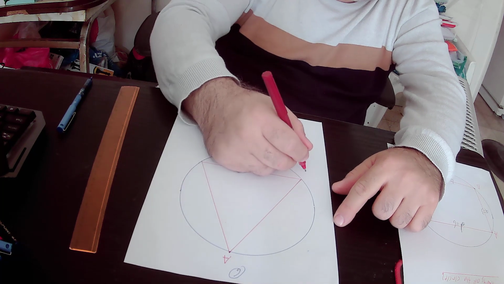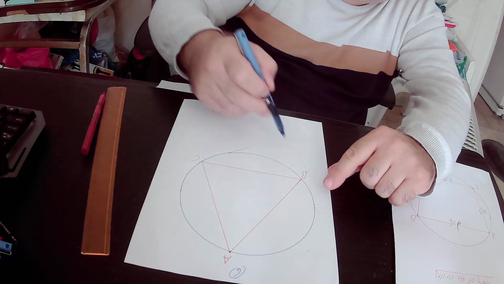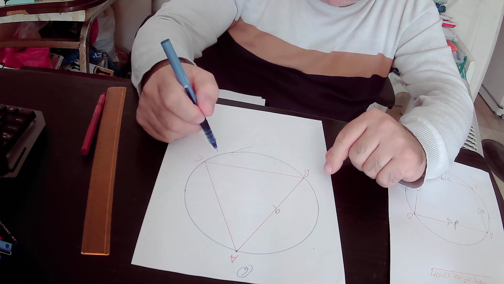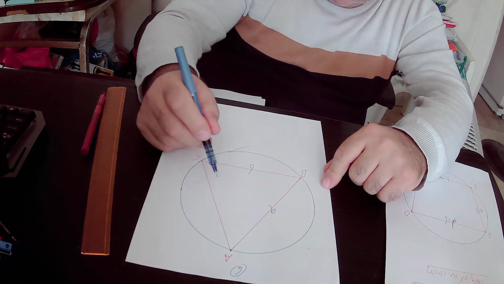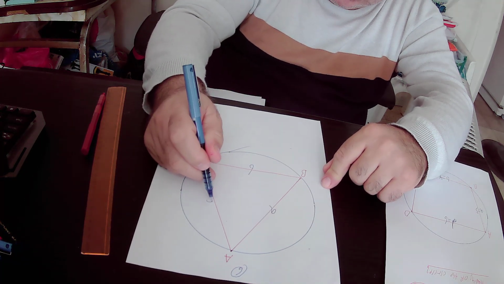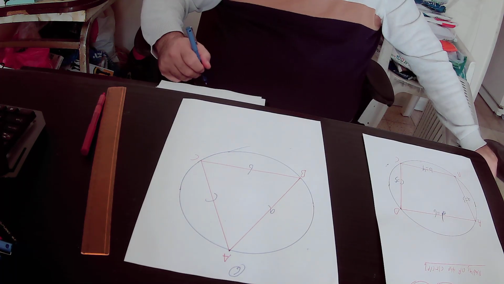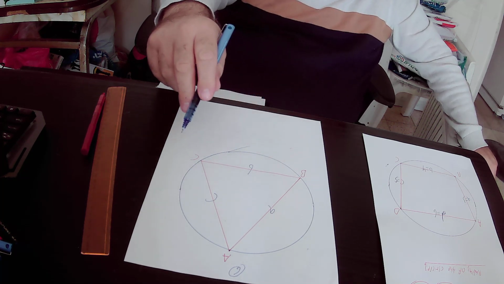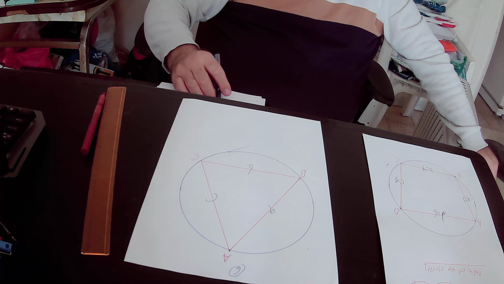This is triangle ABC, and we also know that side AB of triangle ABC equals A units in its size, side BC equals B units, and side AC equals C units in its size. Then according to rule number 3, we have triangle ABC inscribed by this blue circle.